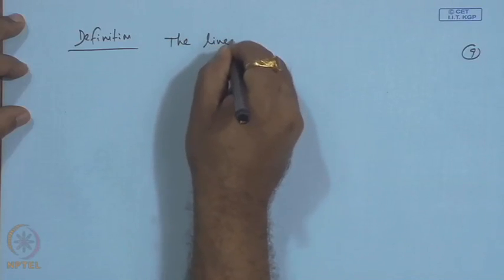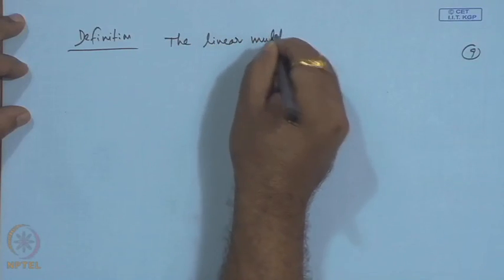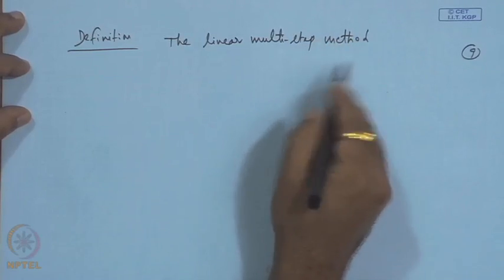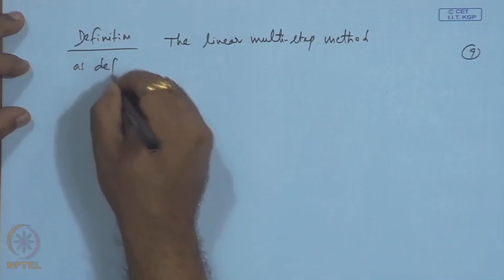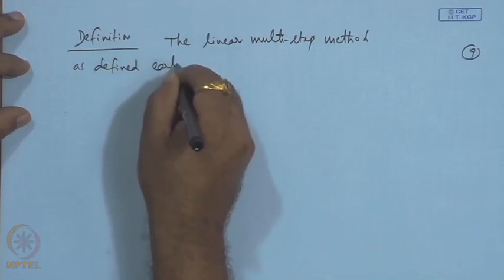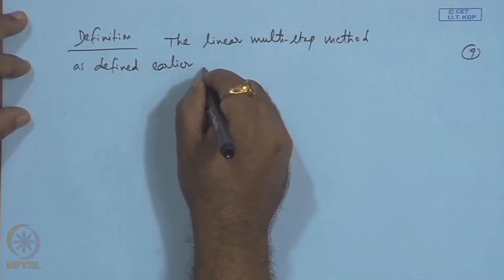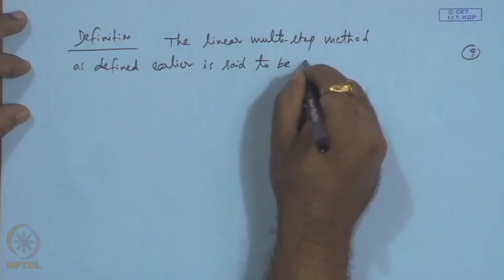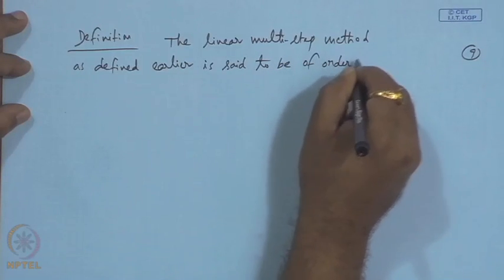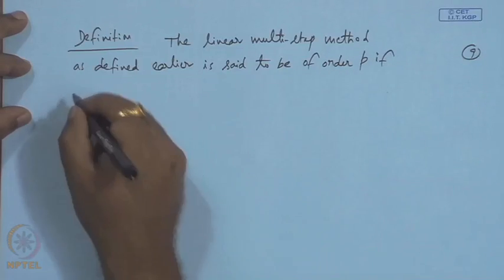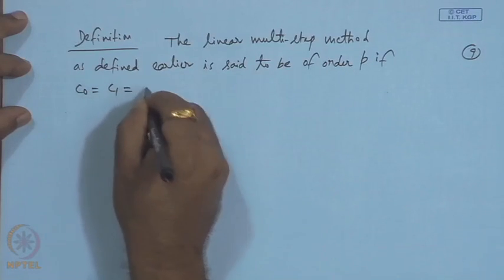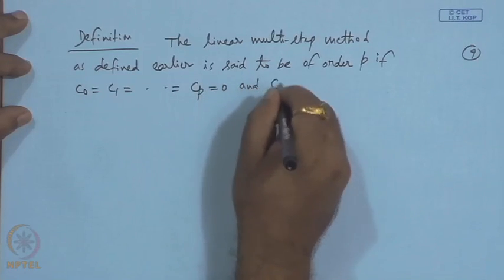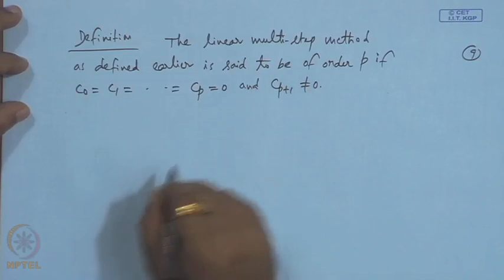So, the linear multi-step method as defined earlier is said to be of order p if C 0, C 1, up to C p equal to 0 and C p plus 1 is non-zero.